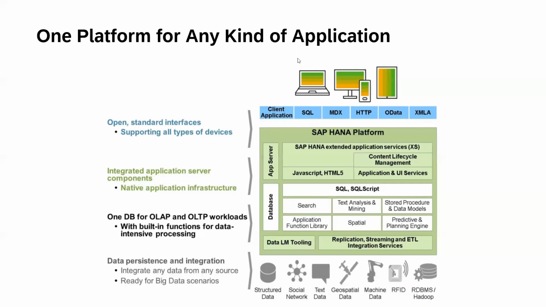But you cannot compare it with other application platforms. You can design your application in JavaScript, HTML5, and application and UI services, user interface services. These are the two platforms in which you can design your services. In short, you can design services which you can only access through the HTTP protocol.